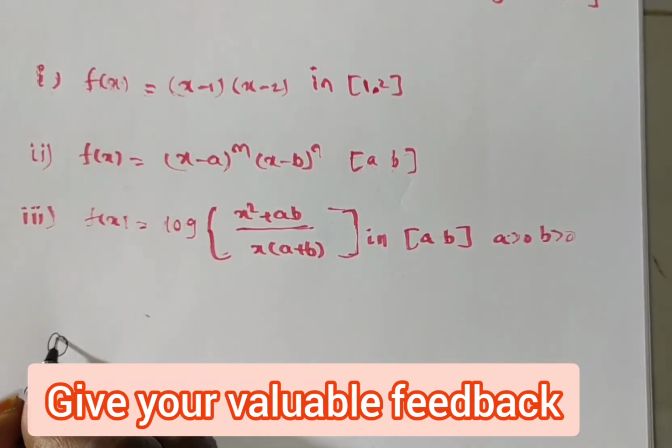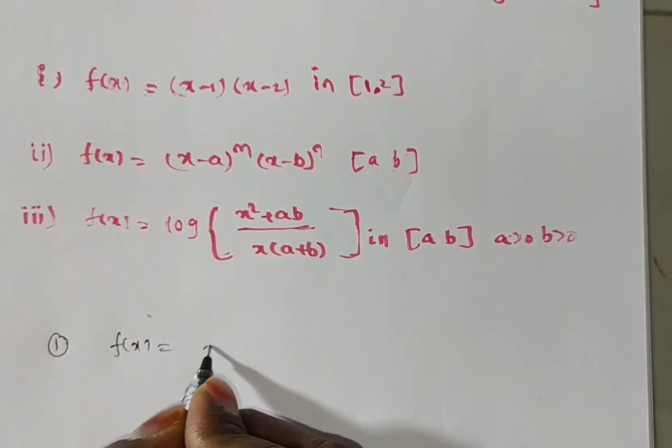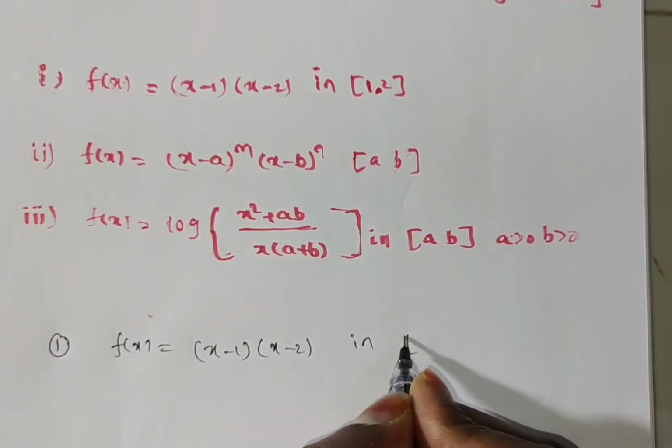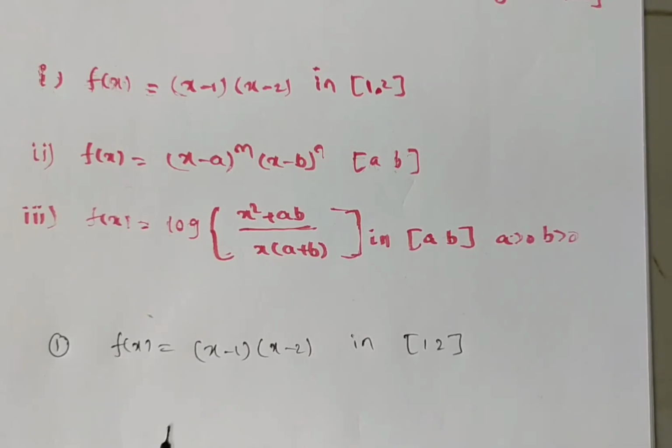Here the given f of x is equal to (x minus 1) into (x minus 2), defined in the closed interval [1, 2]. Is this function defined or not? Multiplying inside, we get x squared minus 2x minus x, that is x squared minus 3x plus 2. So this is an algebraic function, a quadratic polynomial.